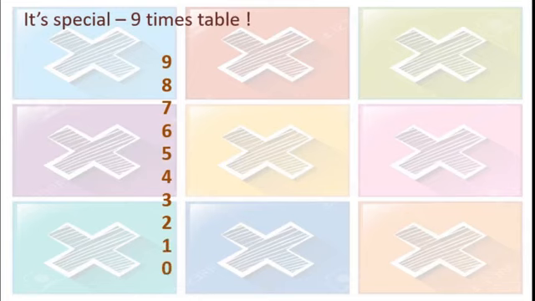And to the left of this one, we will start from 0 and we will write up to 9. Okay, here we will write 0. Now 1, 2, 3, 4, 5, 6, 7, 8, 9. Yes, our 9 times table is ready. Isn't it a special one?